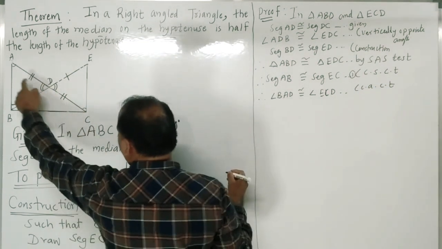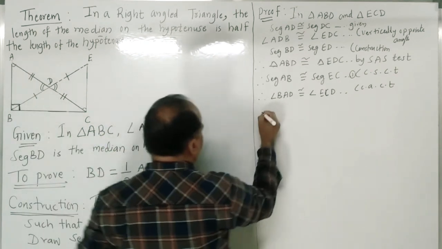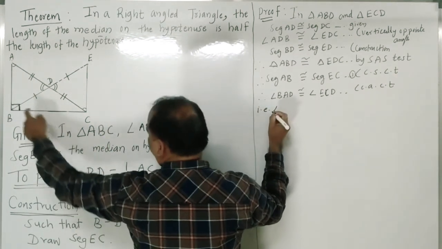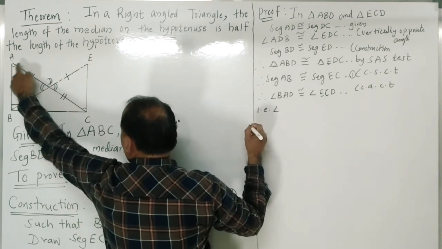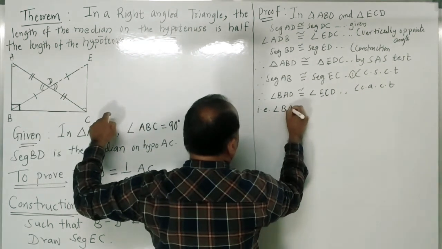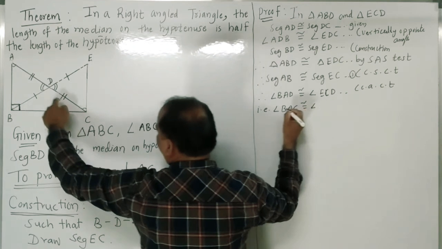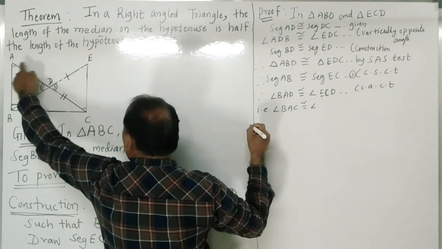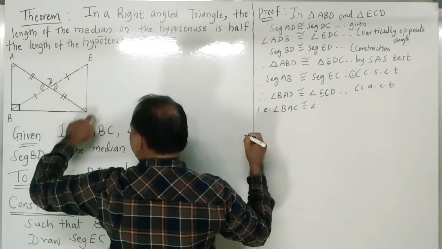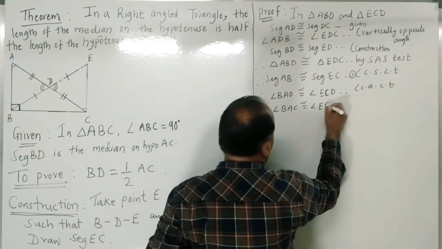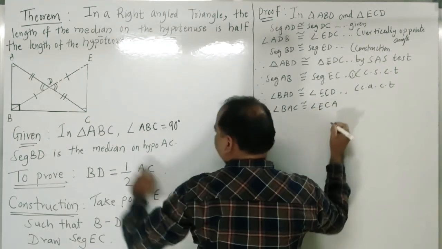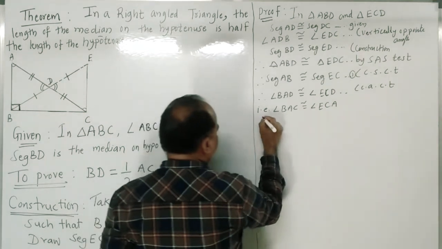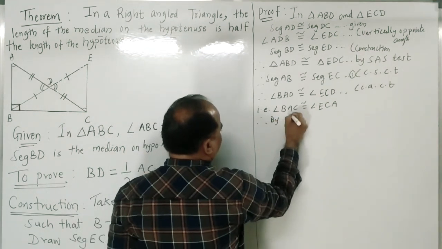But these two angles are alternate angles, that is angle BAC is congruent to angle ECA.